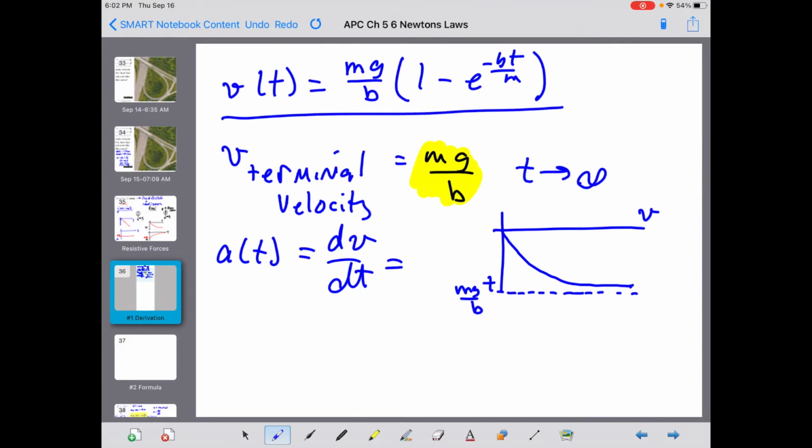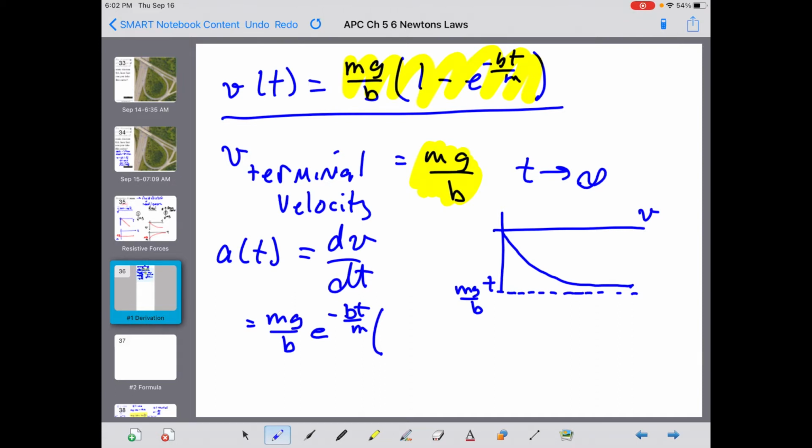Now, we left off with acceleration, which is the derivative. So if we take the derivative of our equation up here, the derivative of the 1 is just 0. So then I've got mg over b, and the derivative of e to the something, in this case the negative bt over m, is e to the something. But then, chain rule, you have to take the derivative of the something.